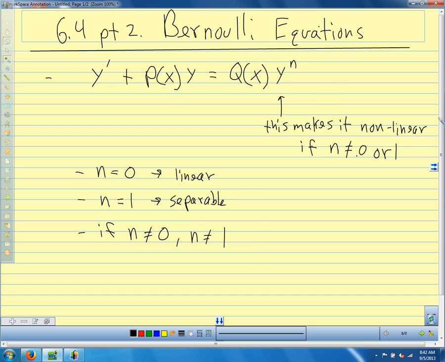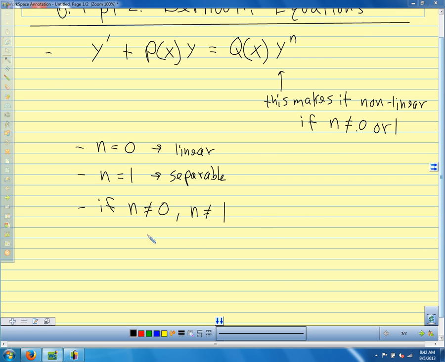We multiply everything by 1 minus n, y to the minus n. And when we do this, we will see something nice happen.